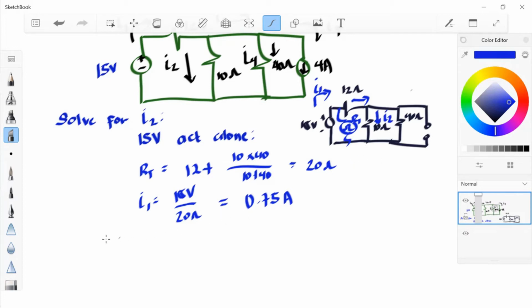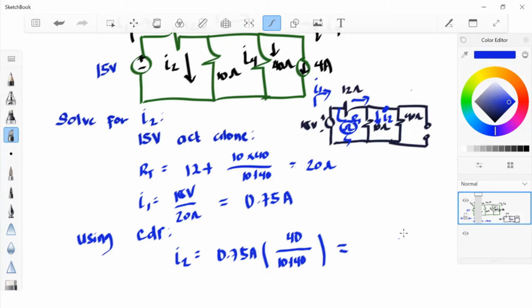Using CDR, I2 is equal to the current entering this node, 0.75 amps, multiplied by the opposite resistance, which is 40 ohms, over the sum, 10 plus 40, which gives 0.6 amp.